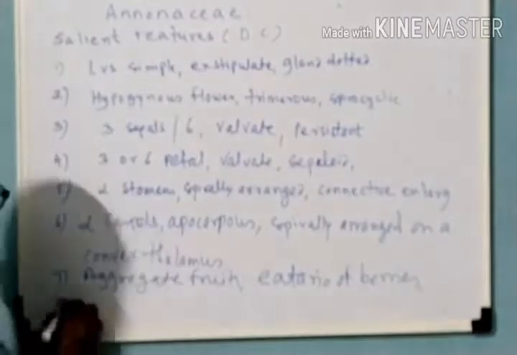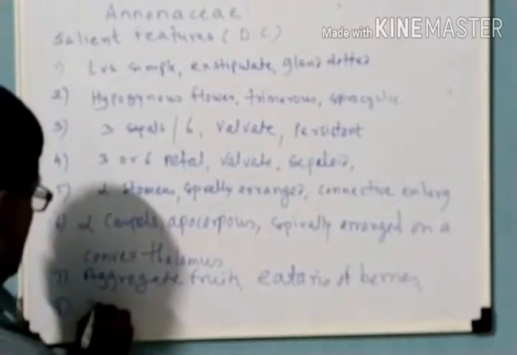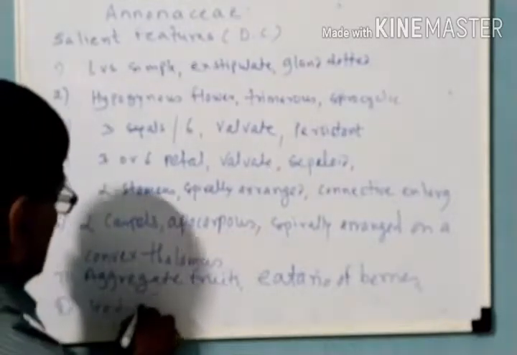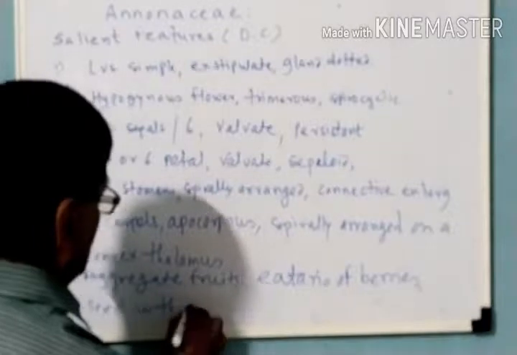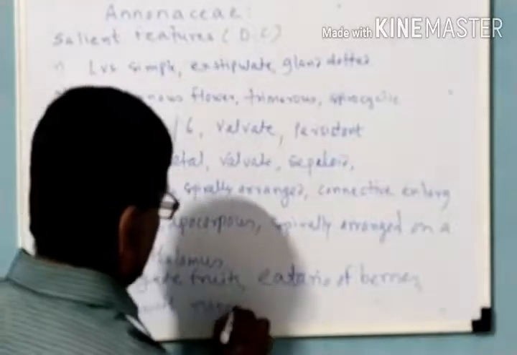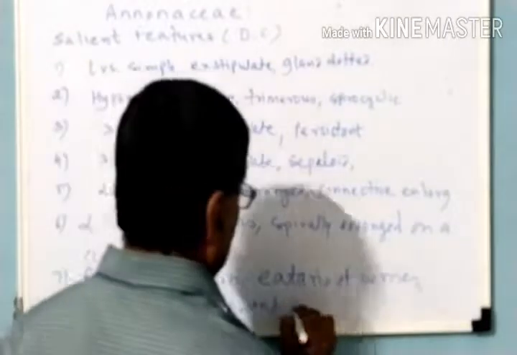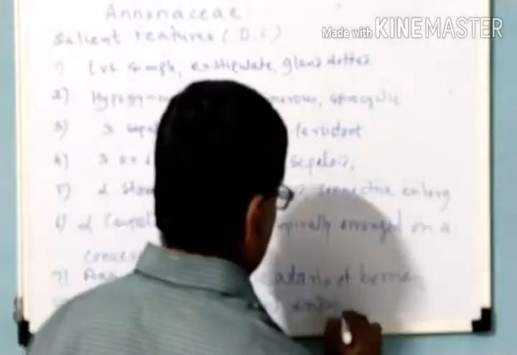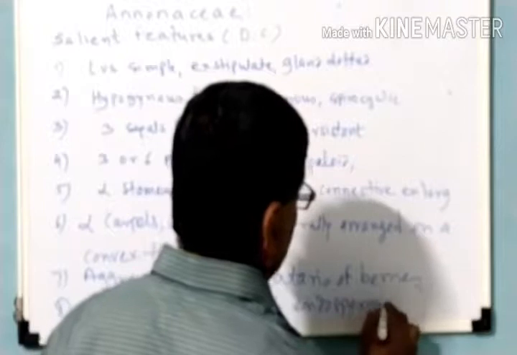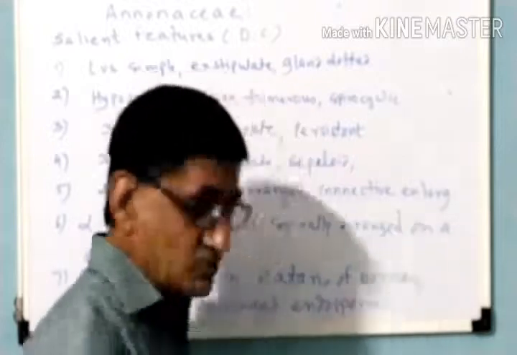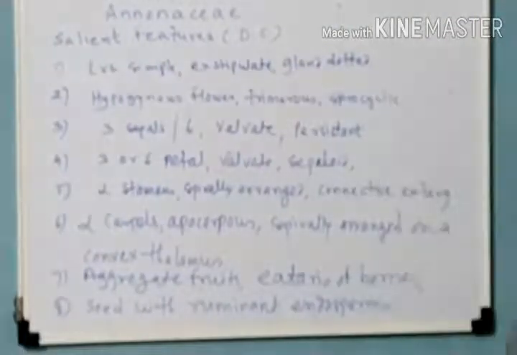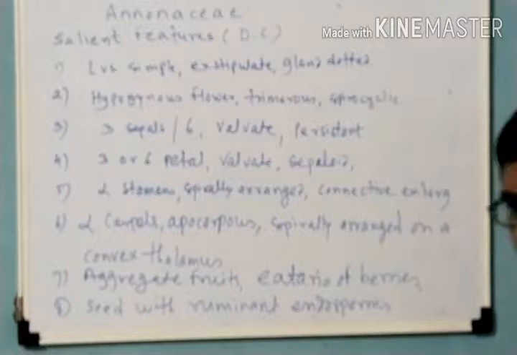And the last one is seed with ruminate endosperm. Seed with ruminate endosperm. So these are some of the distinguishing characters of this particular family.